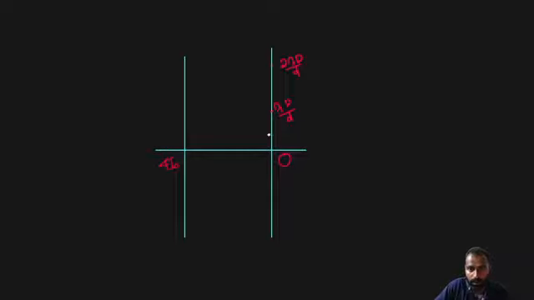In between I have one dark spot, so it will be somewhat at half, that is lambda D by 2d. Here I can get 3 lambda D by 2d. Similarly, here also I can get the same positions.